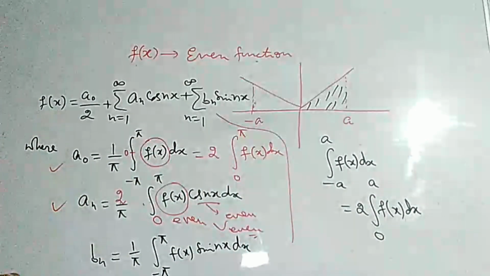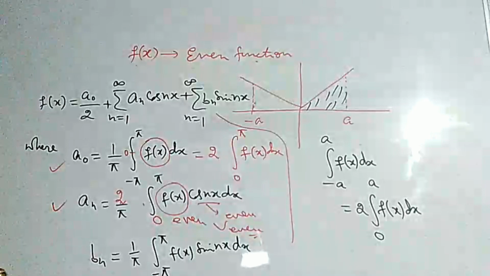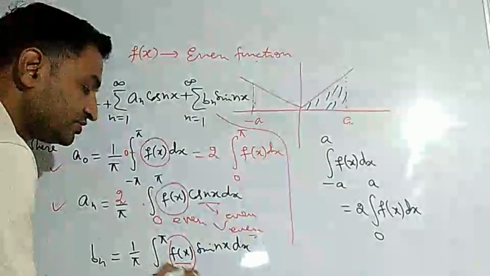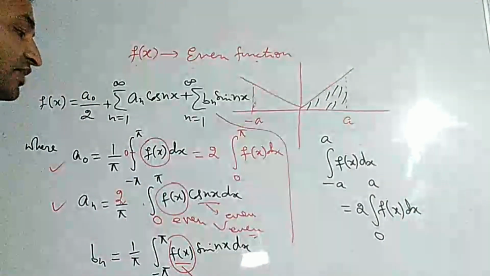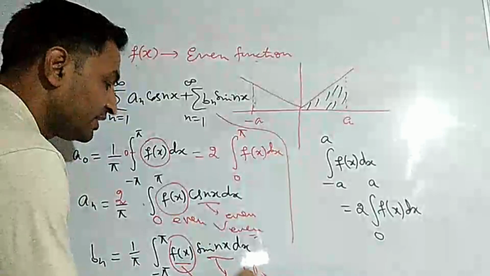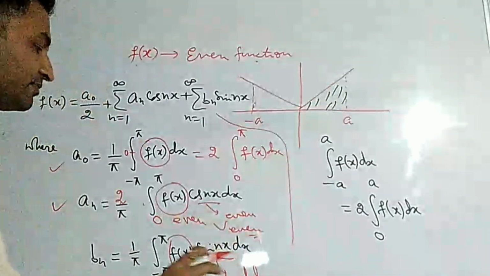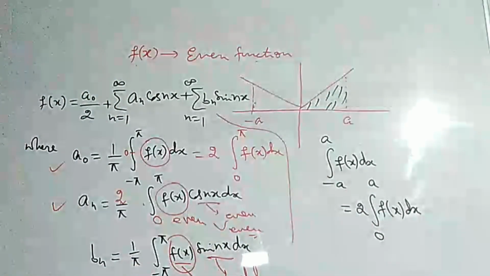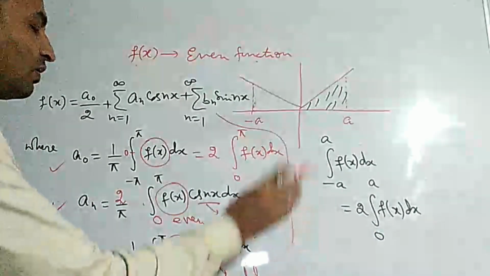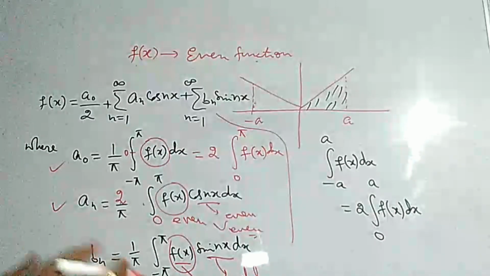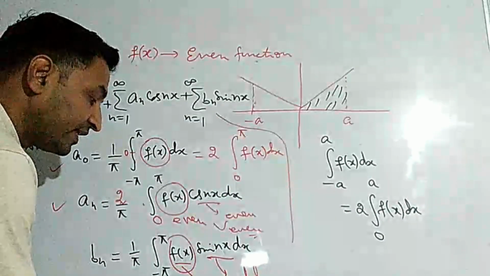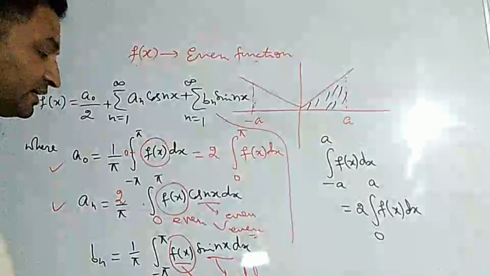But if you go for finding the value of bn, by taking f of x, there is a restriction. We can't change this. f of x is an even function, and sine is an odd function. Later on, once we discuss the sine function, you will come to understand why we are writing odd here. Right now I will just request you to please remember that sine is an odd function, and f of x is taken as an even function.